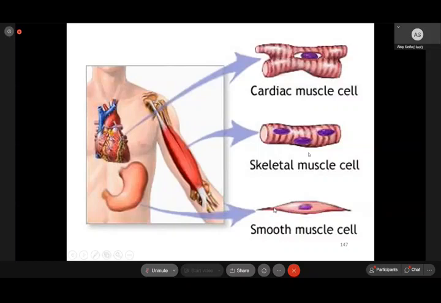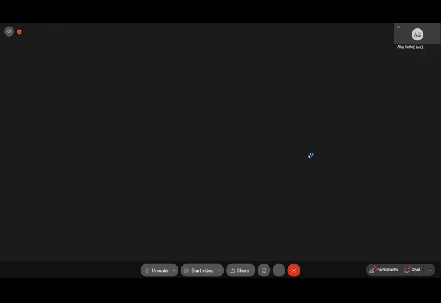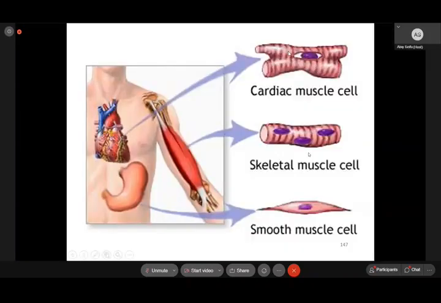which have a nucleus located at the center, and the skeletal muscles are multinucleated. This one is uninucleated, and the cardiac one also contains one nucleus, and you see that it is striated.